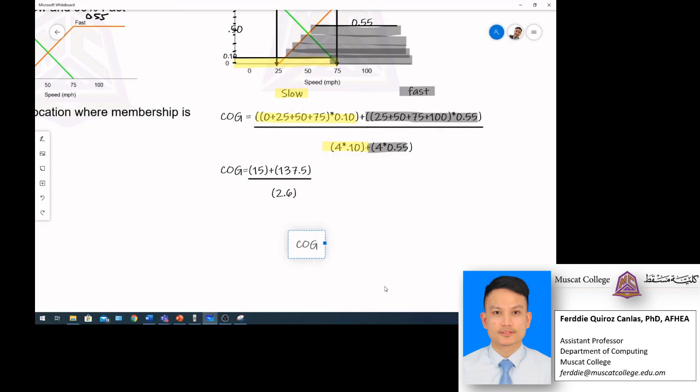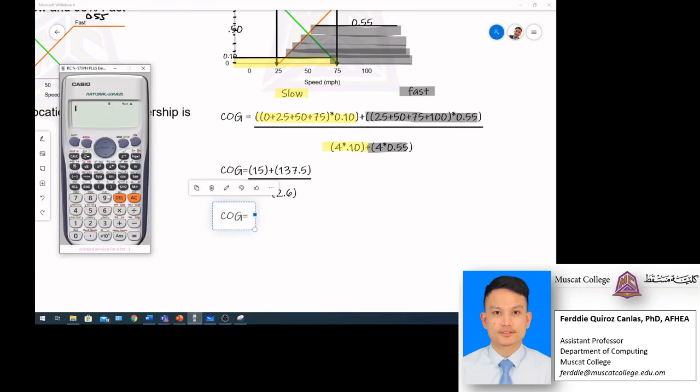So COG would be equal to, let's calculate it, we just have to add it: 15 plus 137.5, divided by the value here, which is 2.6. We will get 58.65.